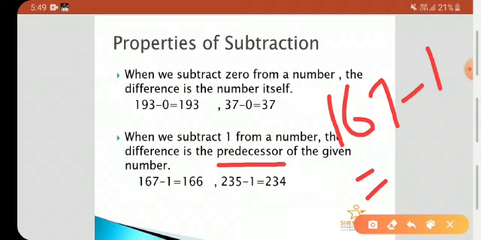The predecessor means the number which comes before the given number. Here the number is 167. What comes before 167? That is 166.